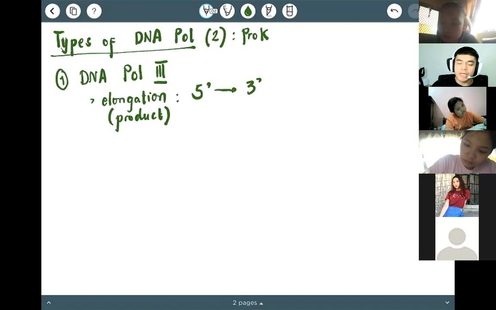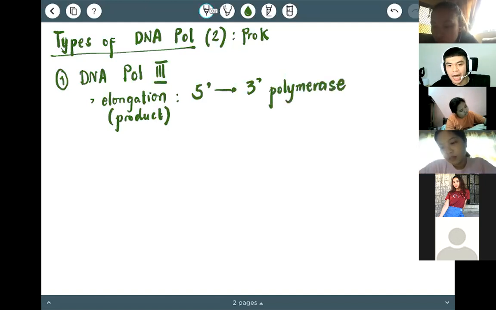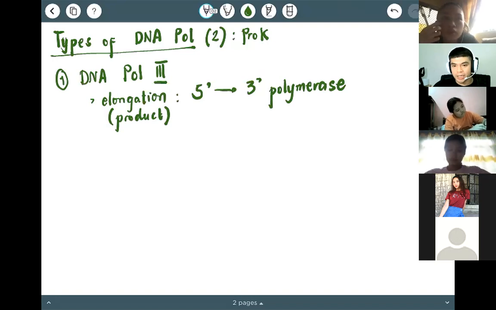So that's why, because of its elongation activity, it has a 5 prime to 3 prime polymerase action. So yan yung unang activity ng polymerase kasi it can elongate the DNA strand from 5 to 3. So tawag doon 5 to 3 polymerase action.